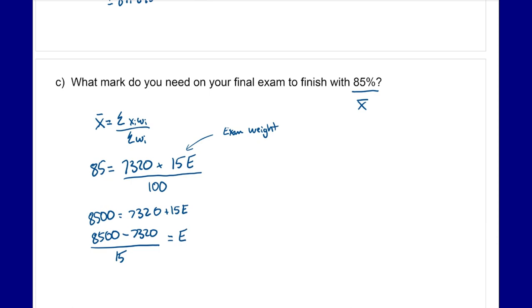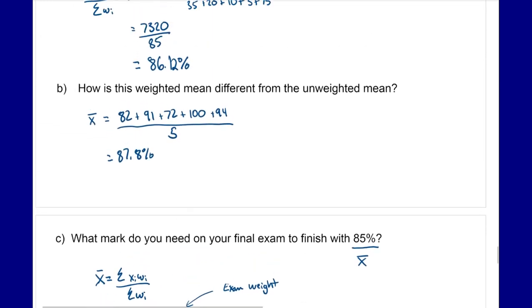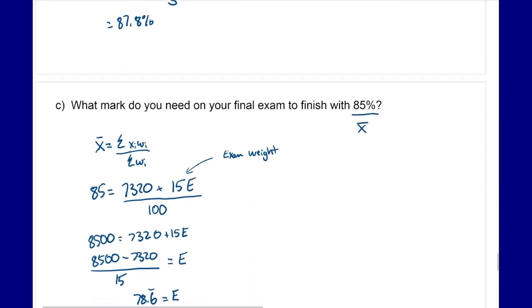And when we do that, we get 78.6 repeating for our exam mark. So we need a 78.6% on the exam to get an 85, which makes sense because we're allowed to drop a little bit since we are above that 85.